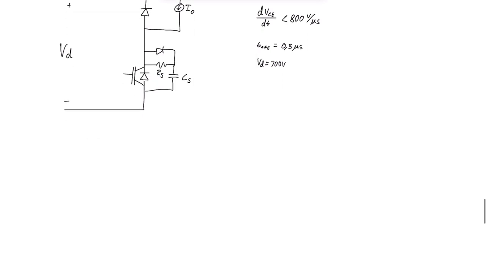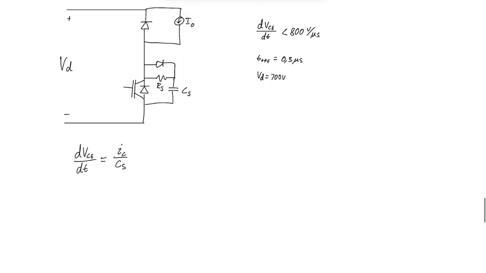So we could say that DVCE, that is the change of voltage in the IGBT over time, would be equal to IC, the current through the capacitor, divided by C. Like that.